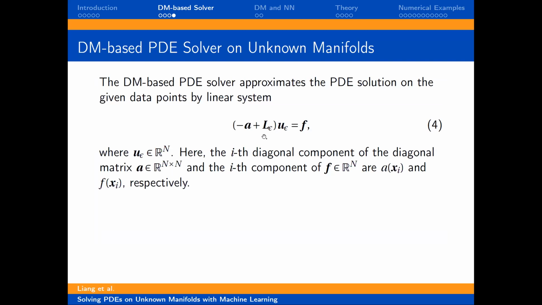Now we have the diffusion mapping discretization of the differential operator, L epsilon, and we can get the solution by solving this linear system.